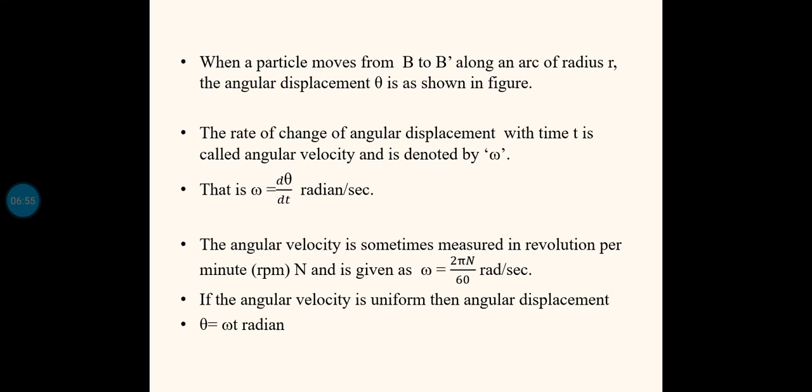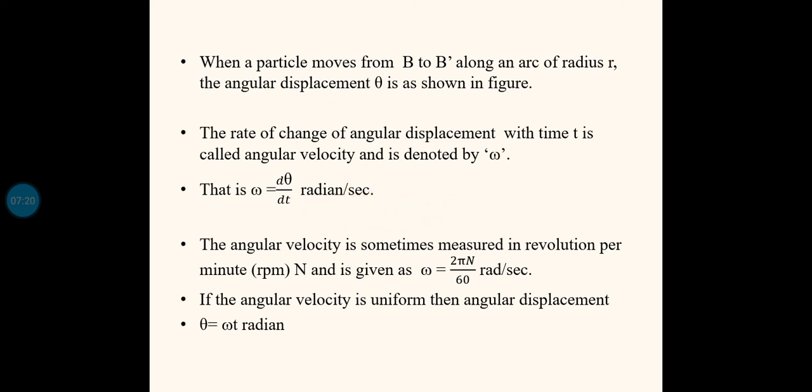So the angular velocity omega equals d theta by dt, and its unit is radian per second. In the rectilinear case its unit was meter per second.